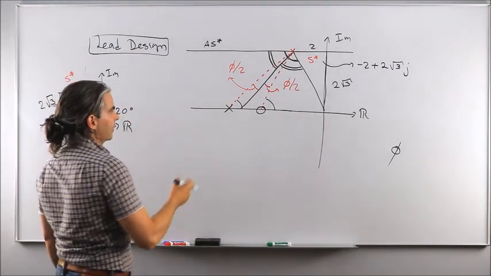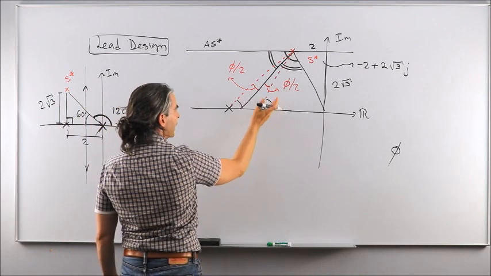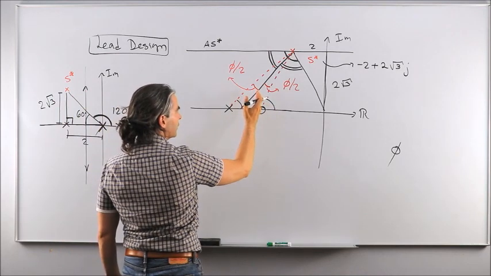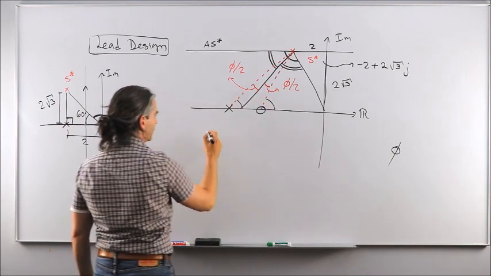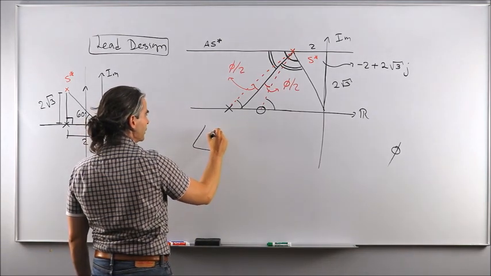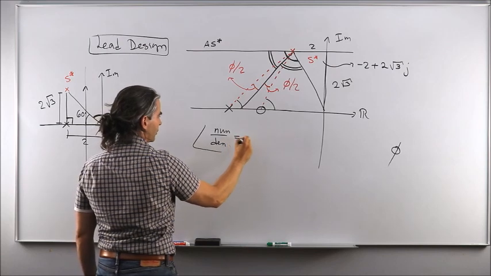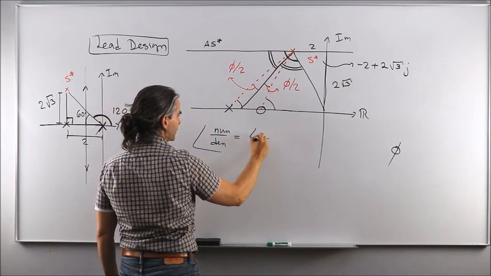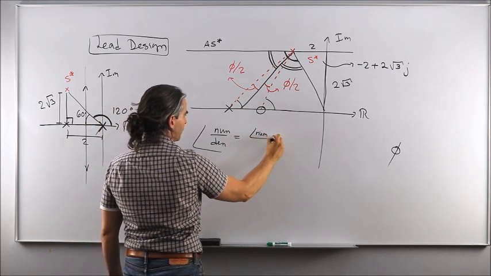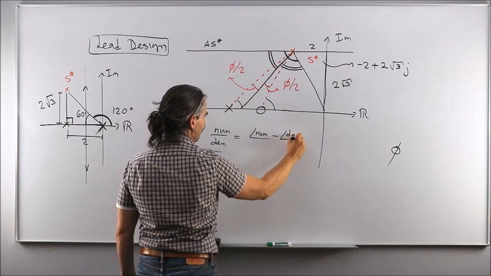Okay? Because a zero adds angles in terms of phase. Okay? So if you have the phase of the transfer function, you have the numerator over the denominator, and you will hopefully remember that this is the phase of the numerator minus the phase of the denominator.